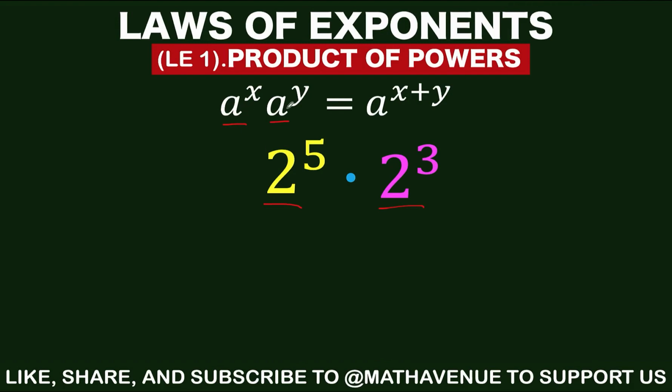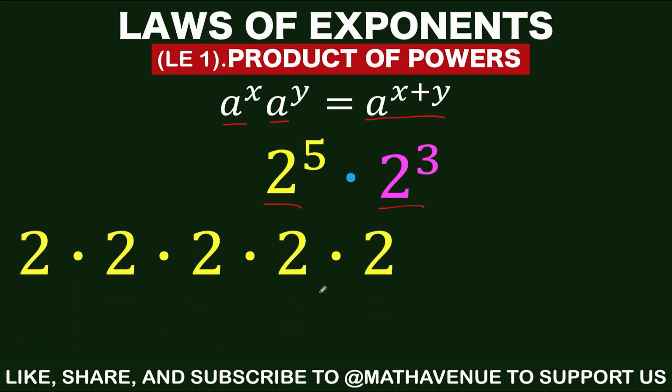Notice that the base a here, that means the base 2, are also equal, and the exponents are 5 and 3. According to this law of exponent, we will just copy the base 2 and we will add the exponents 5 plus 3 to get 8. But how does that happen? Notice now that this is the expansion of 2 to the 5th and this is also the expansion of 2 to the 3rd.